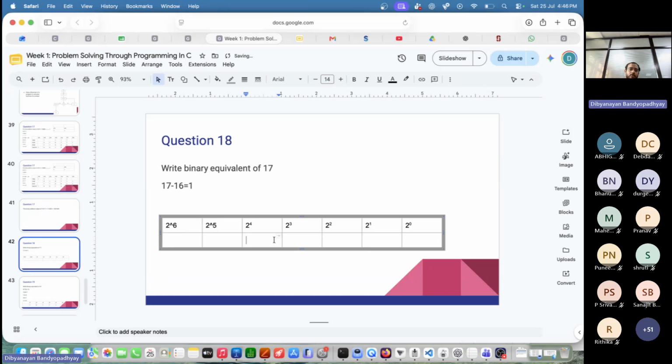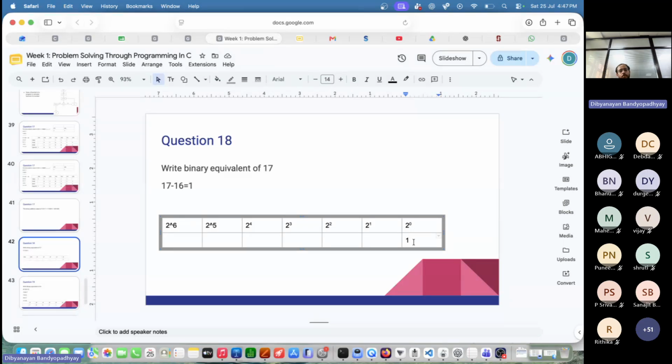After that, you see how to represent 17 in these positions. 17 means what combination of these will make you 17. You place first 1 here, 2 to the power 0 into 1, which is 1.